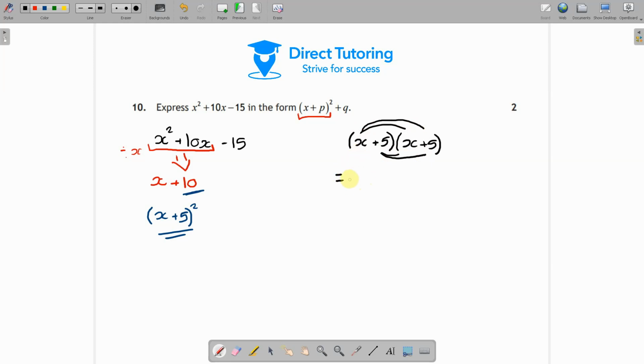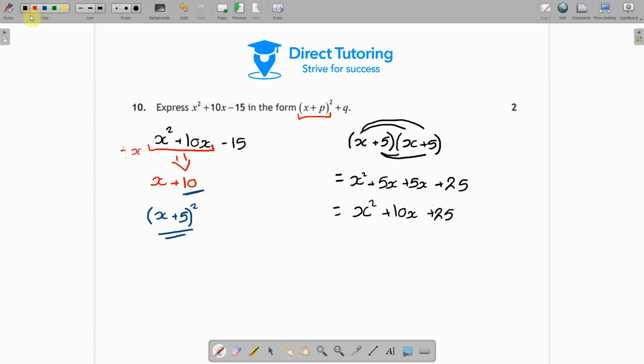If we use FOIL, we'll get x squared plus 5x plus 5x plus 25. And then if we tidy this up, we'll get x squared plus 10x plus 25.